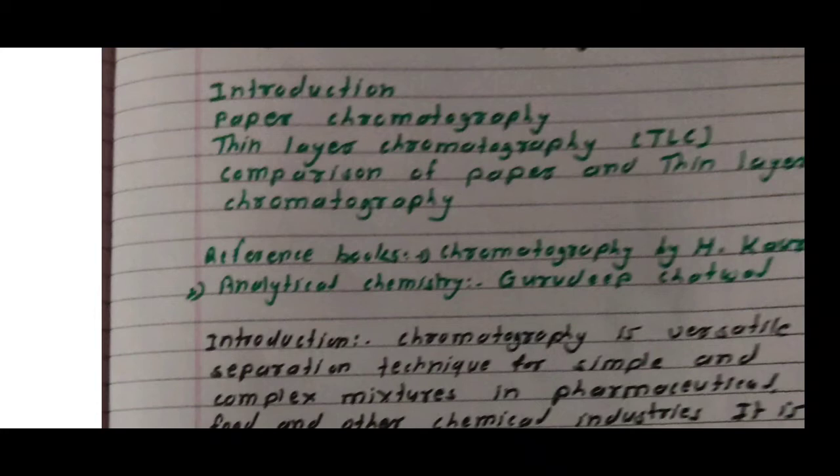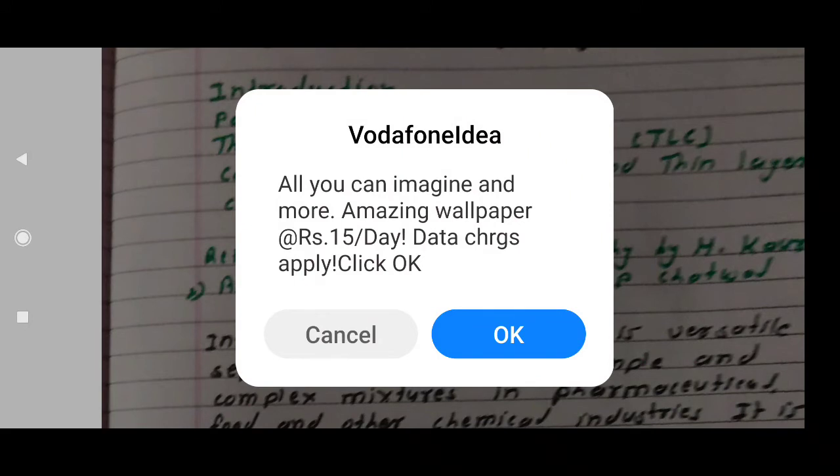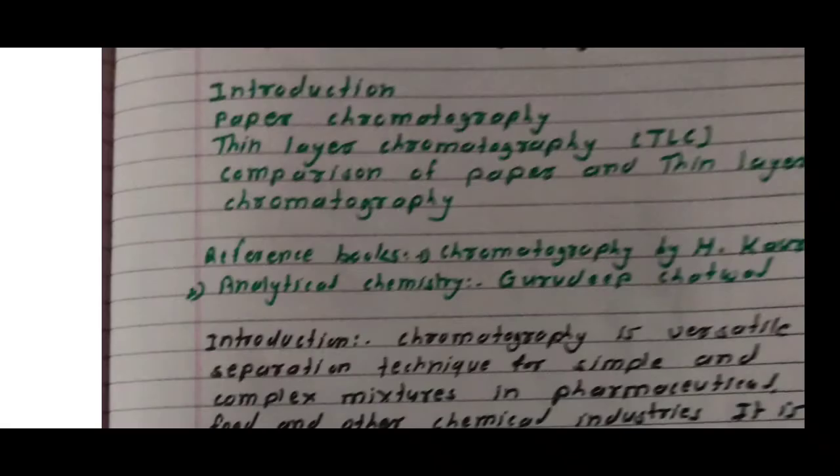Second advantage: this method is sensitive, so micro and picogram quantities of mixtures can be separated. Means for separation we require a very small amount of mixture.